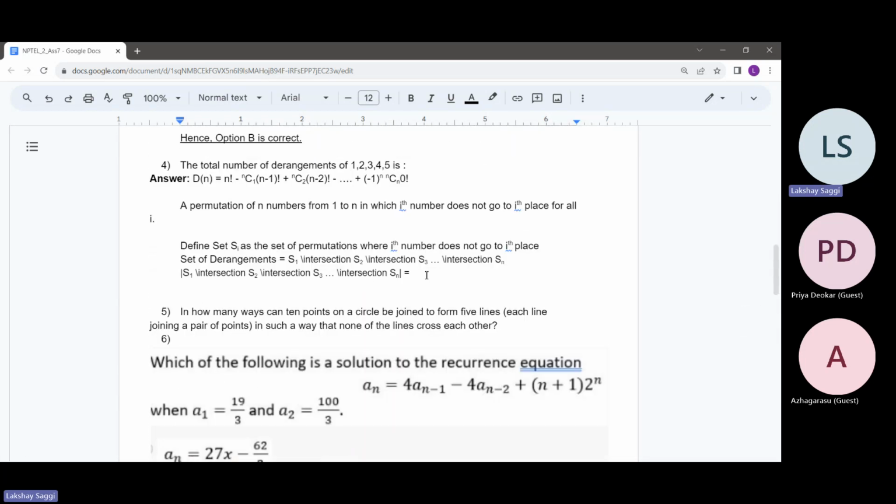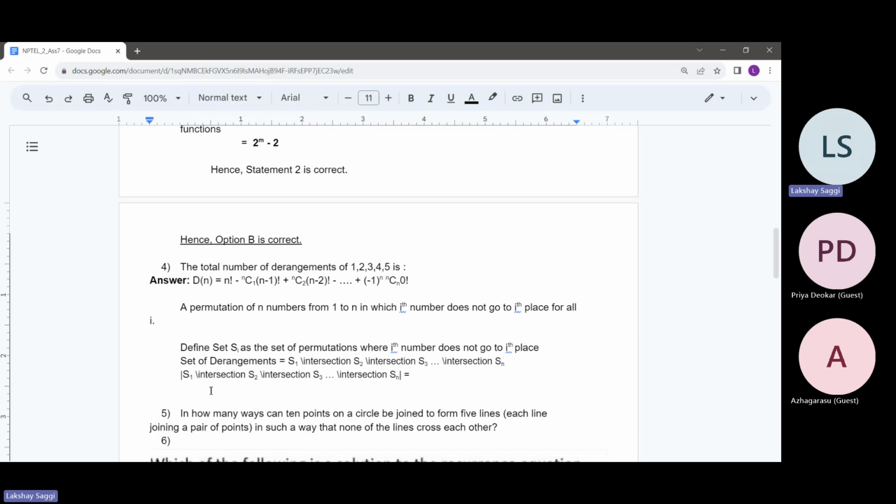Maybe I'll try to explain it directly here. Let's say I want to find this set, S1 intersection S2 intersection S3 and up to the intersection Sn. So how am I going to calculate this?